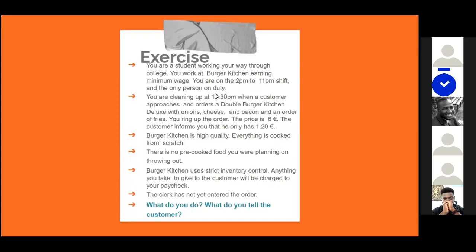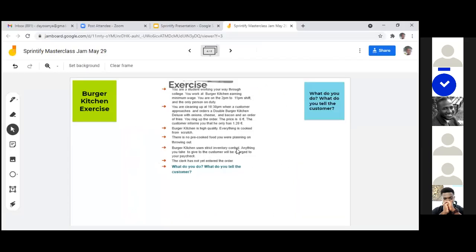Okay, there are two issues here. The organization you're working for has its policies. The customer has come in and asked for something that he cannot afford. You have placed the order, but as you've said, it has actually not been fixed.